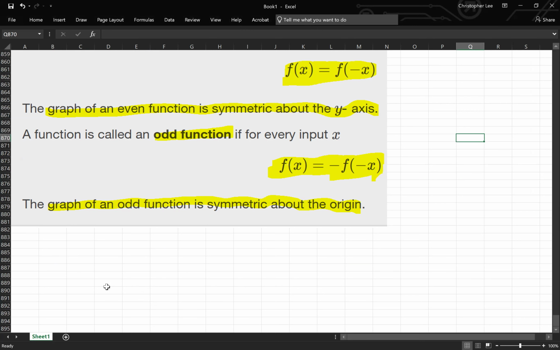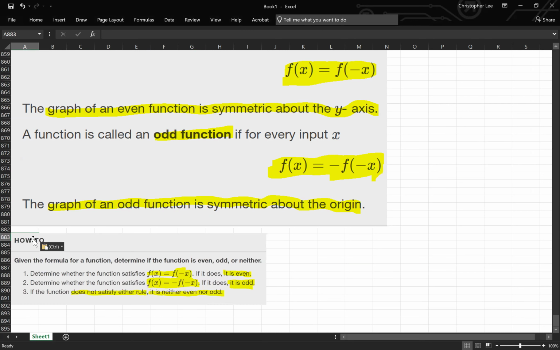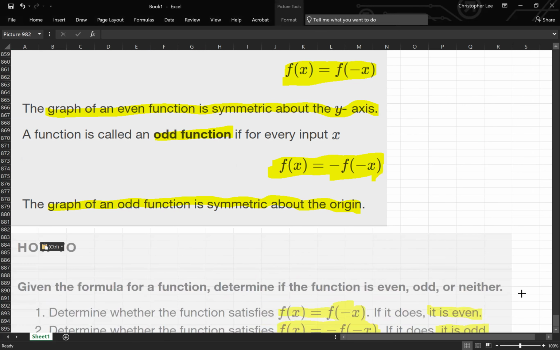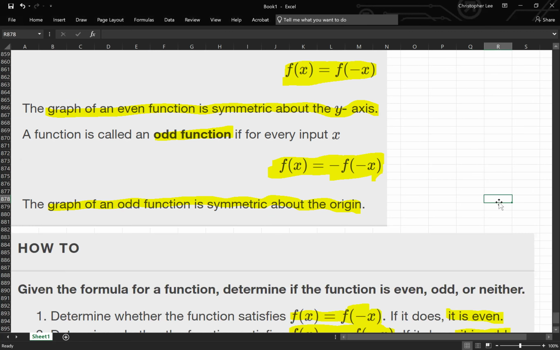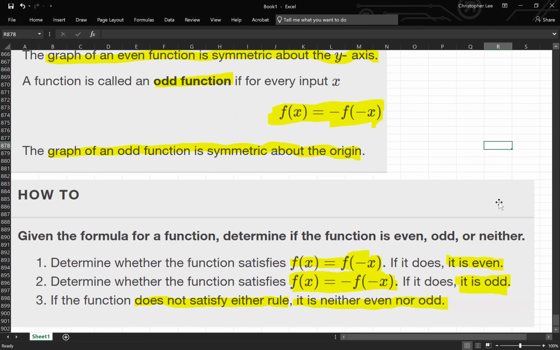We're gonna see an example. But real quick, given the formula for a function, determine if the function is either even, odd, or neither. Here's how we do it. Step one, determine whether the function satisfies f of x equals f of negative x. If it does, then it's even.